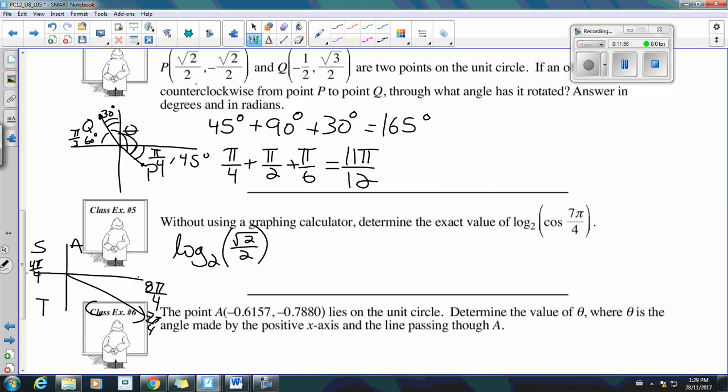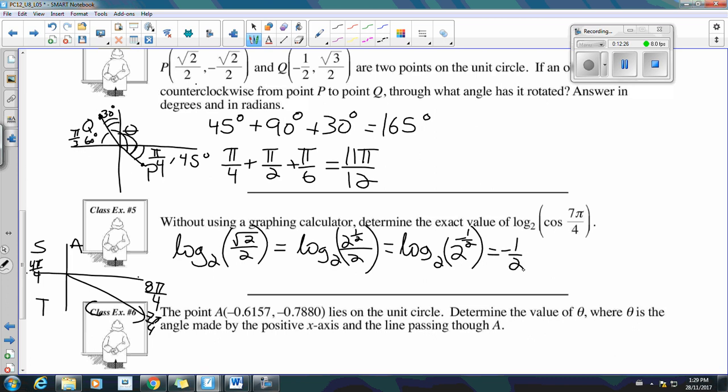So now to find the value of this, well, we can rewrite this with powers. This is 2 to the 1/2 over 2 to the 1. This is the same as log base 2 of 2 to the negative 1/2 when we subtract the powers.